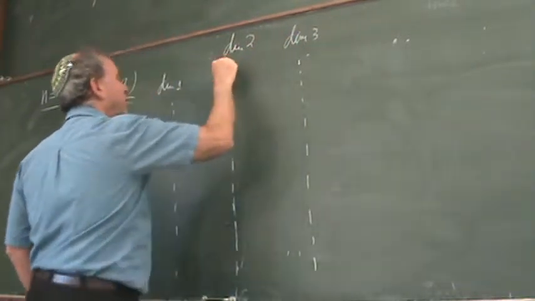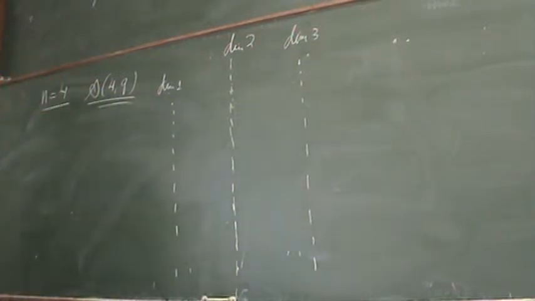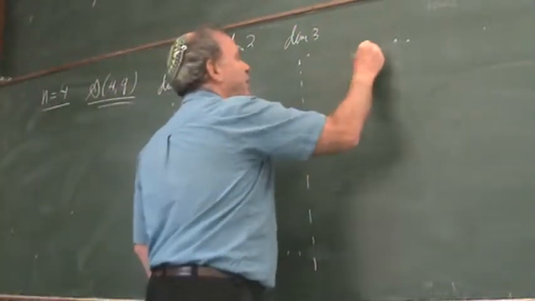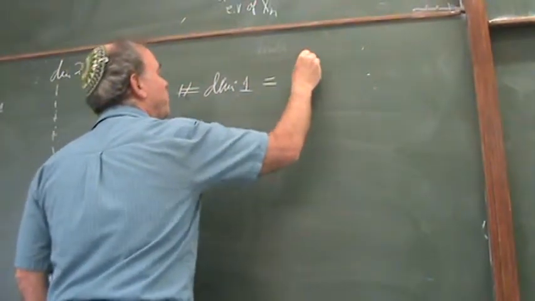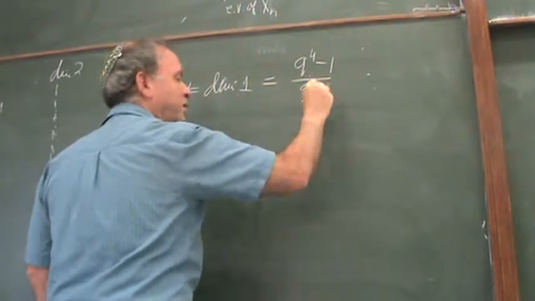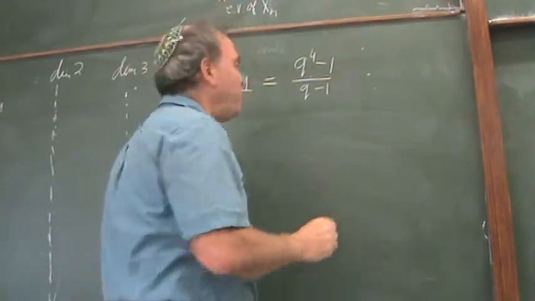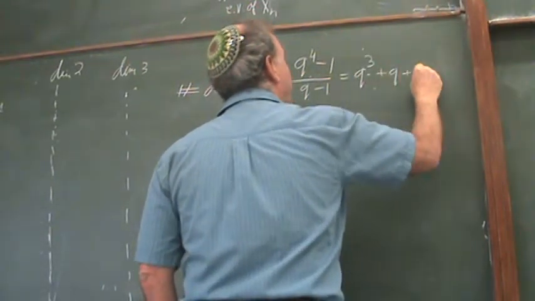Well, the reason I drew dimension 2 slightly higher is because there are so many more spaces of dimension 2 than in dimension 1 and 3. So let's see, the number of dimension 1 spaces, well, that's easy to compute. This is (q to the 4 minus 1) divided by (q minus 1). It's the same computation as before, which is equal to q cubed plus q squared plus q plus 1.